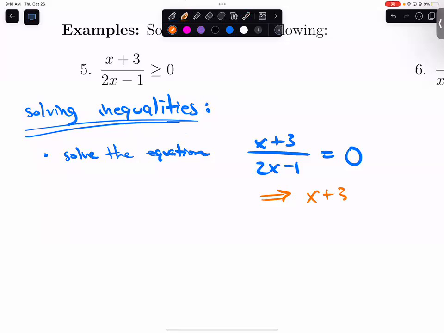That means that x plus 3 is 0. So x equals -3, right? If x is -3, then the thing on the left-hand side in this original problem is 0, and 0 is equal to 0. So that's one place that this thing can change, right?